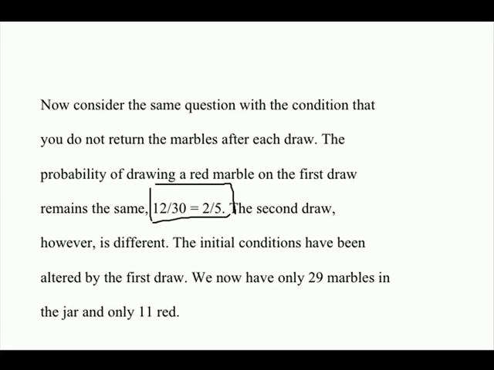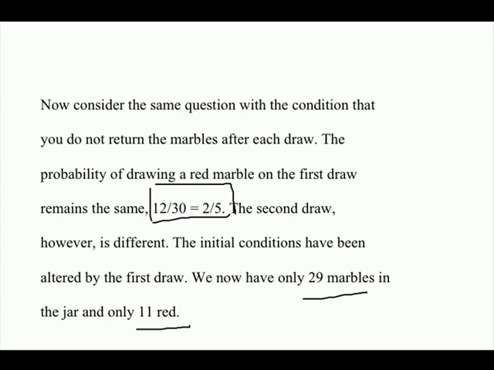However, things change in the second draw, because now we have 29 marbles. So we've drawn out one and not replaced it. There were 30 marbles originally. Now we have 29 left. And we had 12 reds originally, but in the first draw we took out one red, so now we have only 11 reds left.